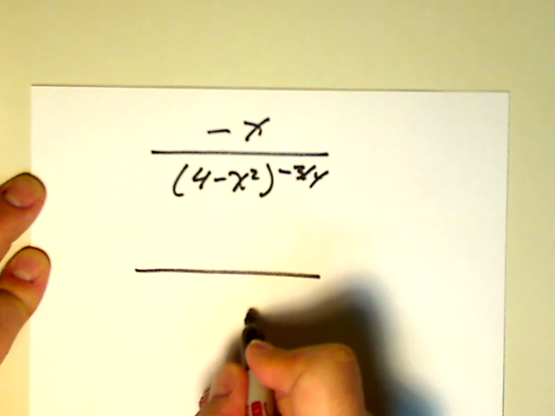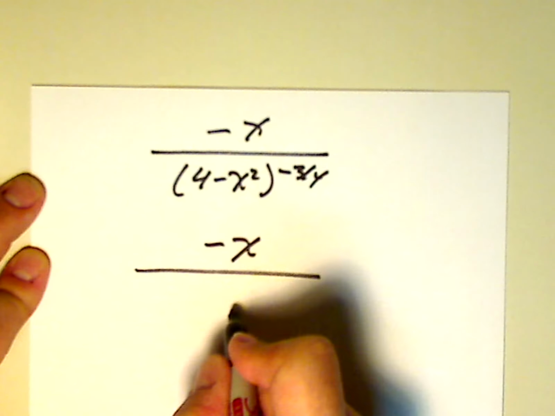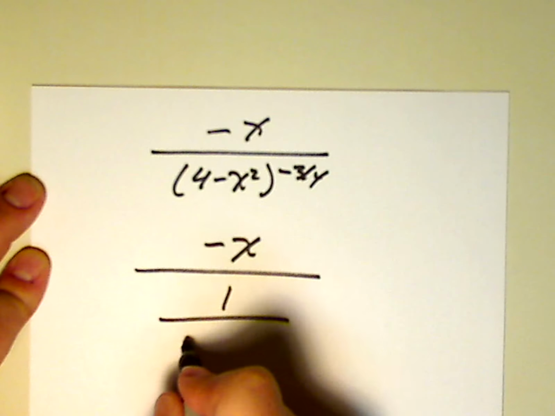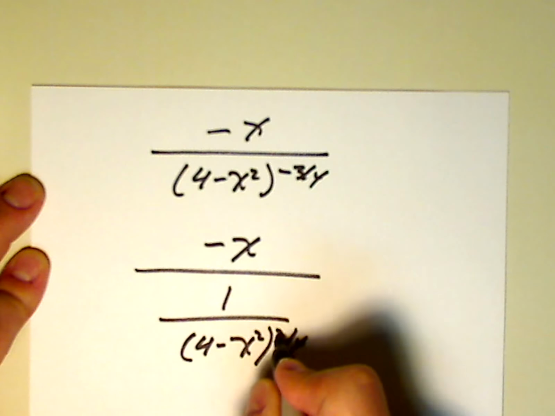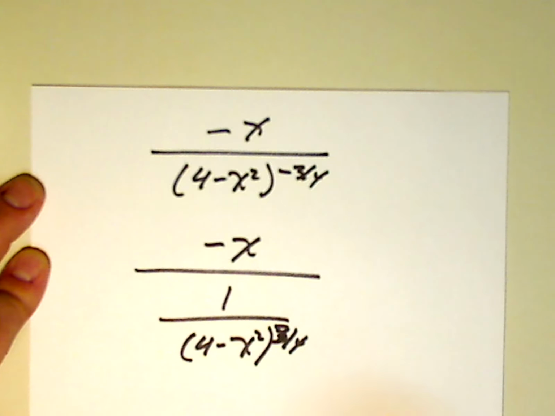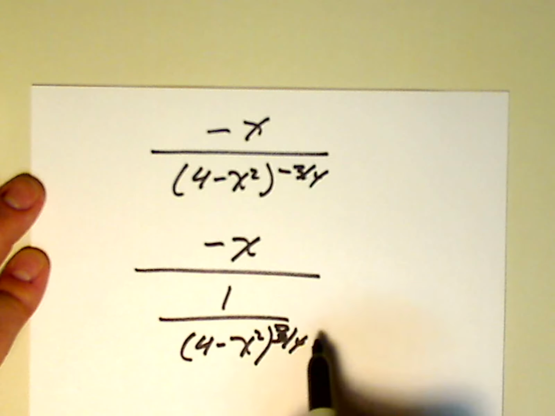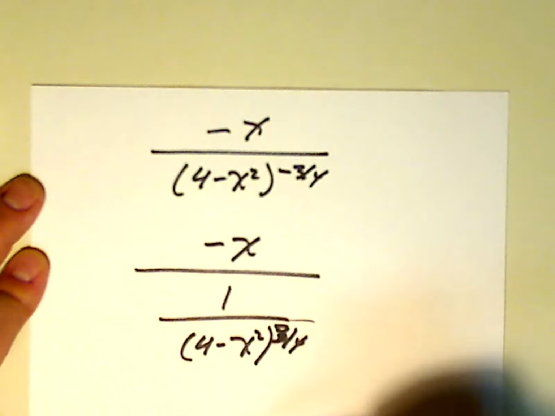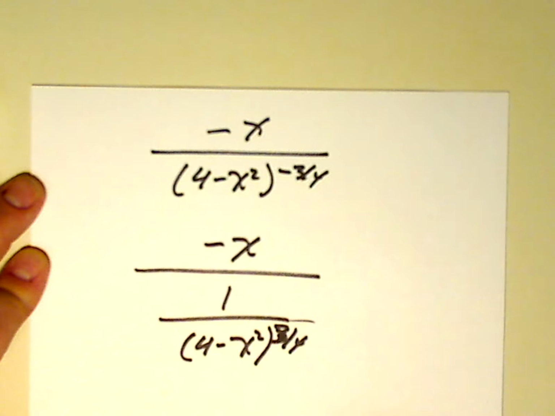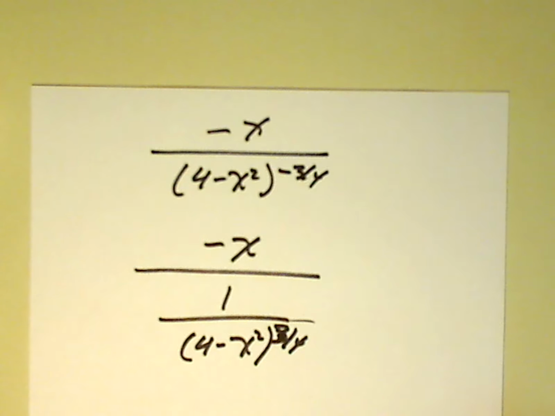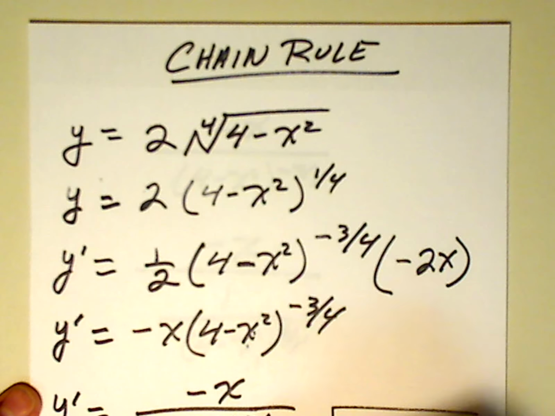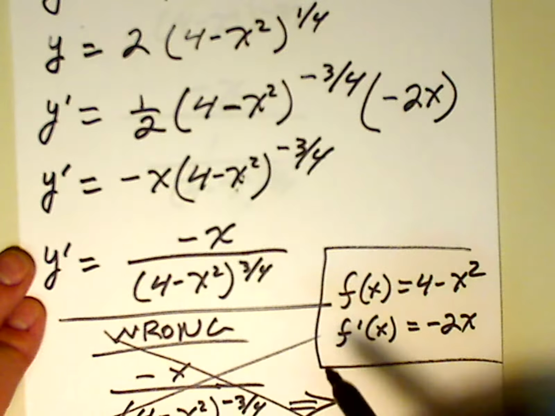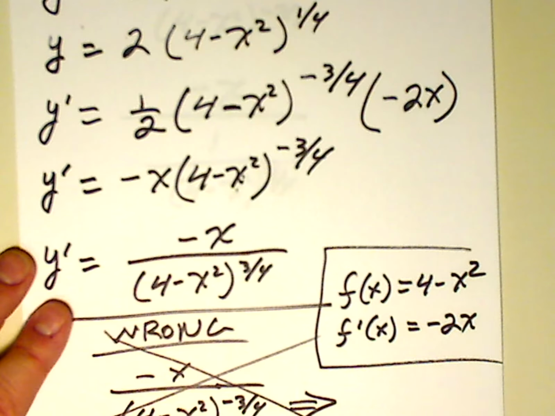Well, that would be the same as writing negative x over 1 over 4 minus x squared to the 3/4. You can't really tell that's a 3, but it's to the 3/4. So that's what this thing is doing. It's saying, put this like this. That would be a terribly wrong way to do this. So just remember not to do that. This is wrong. Don't bring that negative exponent down into here, okay?